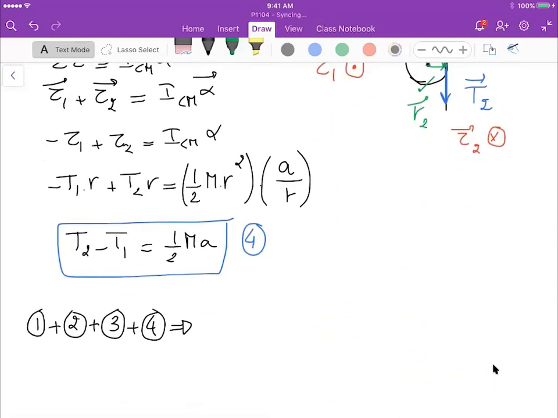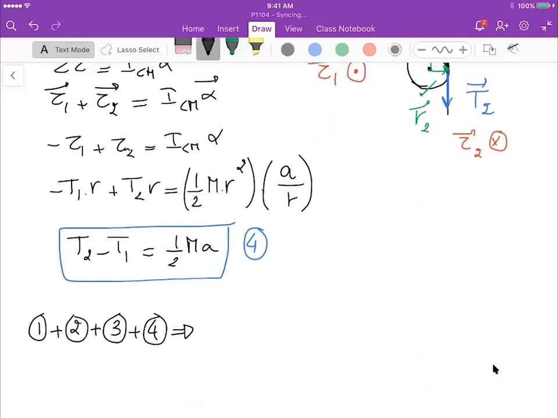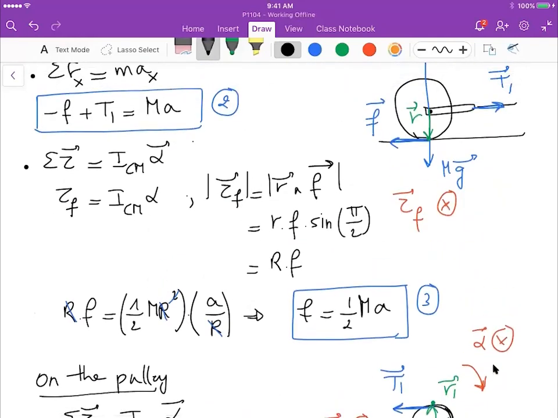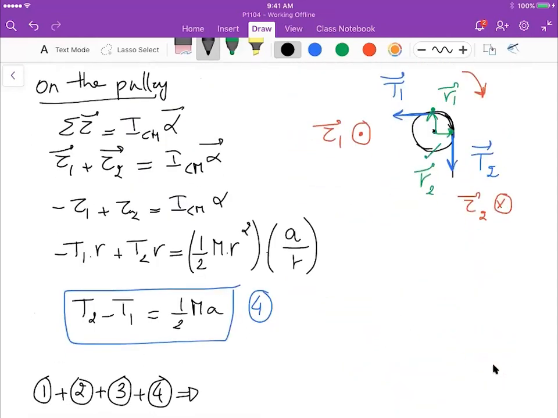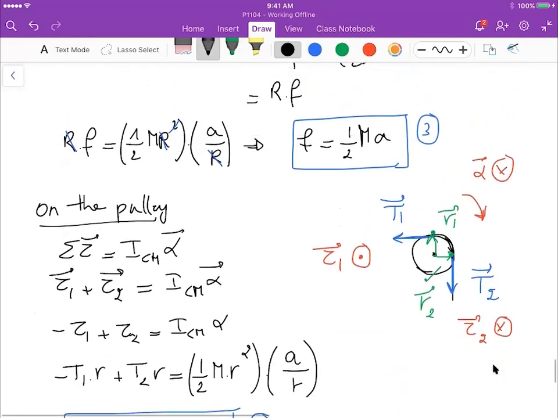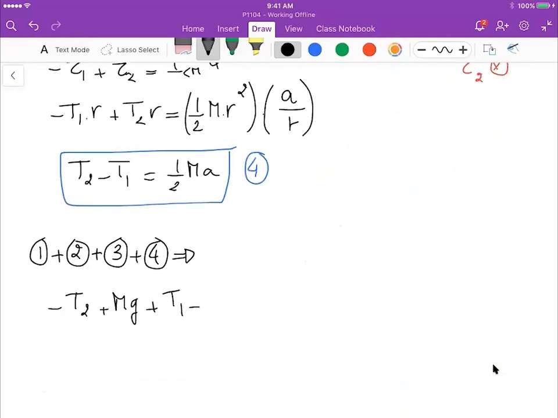So we end up with minus T2 plus mg plus equation 2 بتعطينا okay T1 minus F so plus T1 minus ما انه الاف هي قيمتها half MA رح حتى دغري minus half MA.